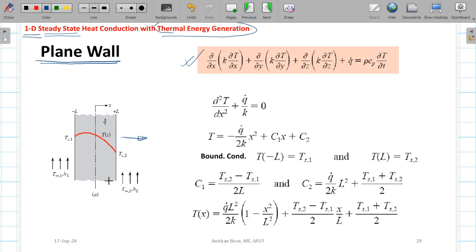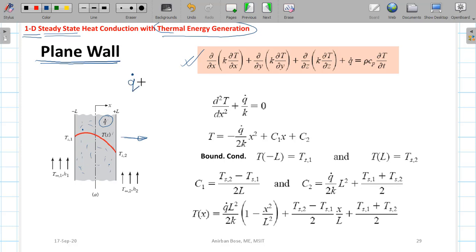In the heat conduction equation, consider a plane wall where heat is generated uniformly throughout the volume. The rate at which energy is generated within the wall, or slab, is considered as q dot.